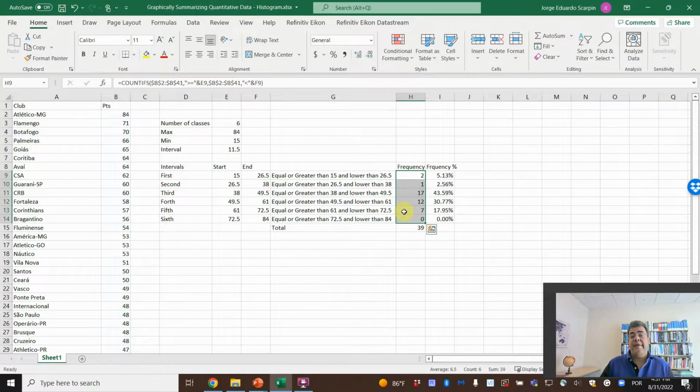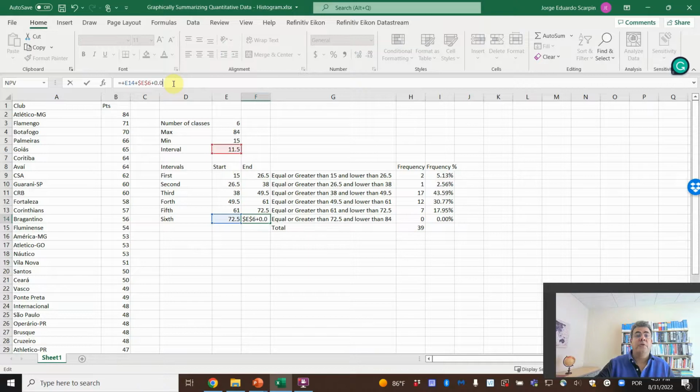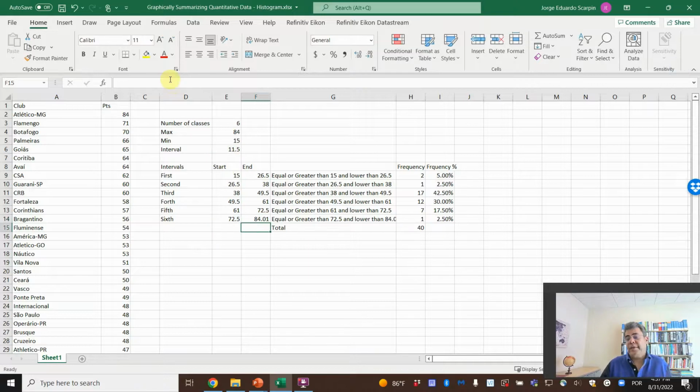And then we will have, so let's go. And again, 39 because of the top one here. So what do we do for the very top or for the very bottom? That's up to you. Plus 0.01 or something like that. Then we will have the 40. Okay, so that is up to you because the classes must be non-overlapping.